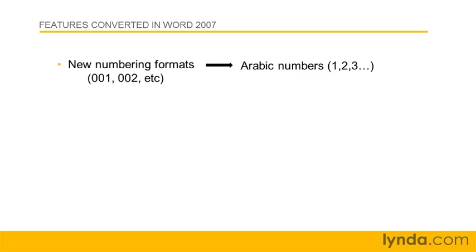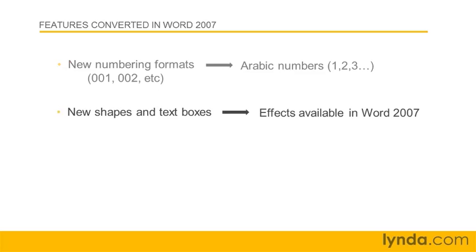Word 2010 supports fixed-digit numbering formats, 001 or 0001, for example, the kind of formats you'd use for invoices. Those numbers will be converted to the number 1, 2, 3, and so on in Word 2007. There are new shapes and text boxes in Word 2010, but more importantly, you can assign new effects to those shapes and text boxes.